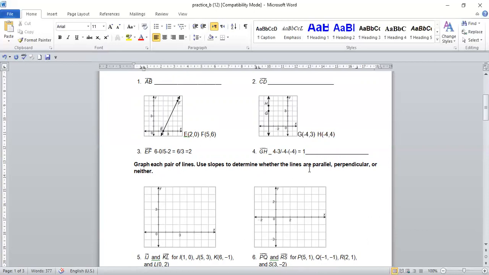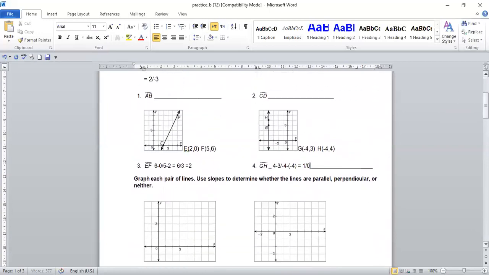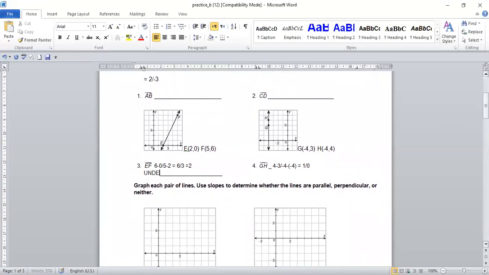So minus 4 plus 4, that's going to give you a 0. Now as you know, you cannot divide any number by 0, right? So the slope for this is going to be undefined. I have no idea why this is happening, but the answer for this is this. Because you cannot divide any number by 0, you will not get the answer, of course, it's an error. So 1 divided by 0 is no answer. So the slope is going to be undefined.